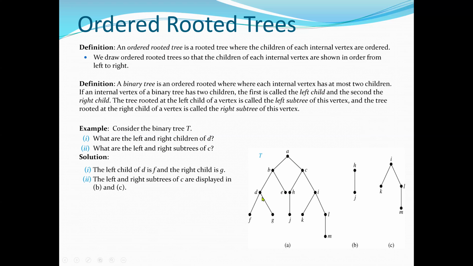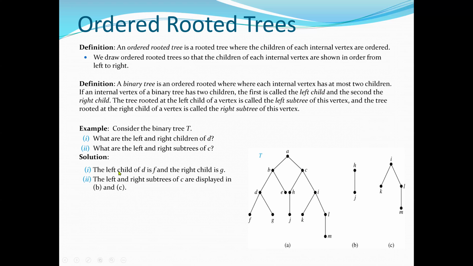So I go to D, the left child will be F, the right child will be G. Now, what are the left and right subtrees of C? You can see the right child will be to the right: I, L, M. To the left, we have I, K.